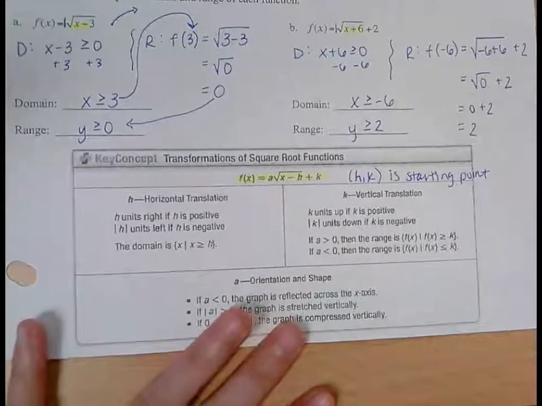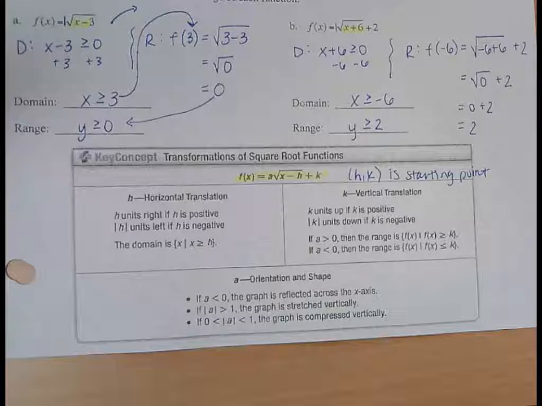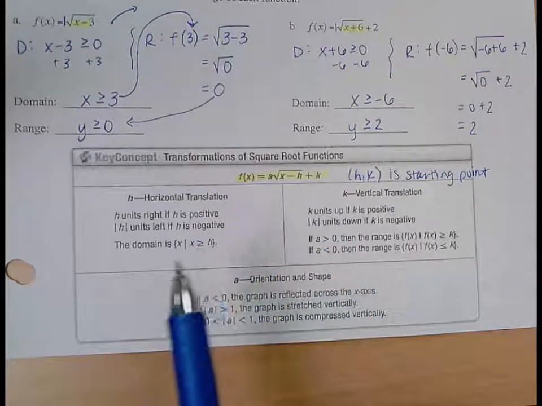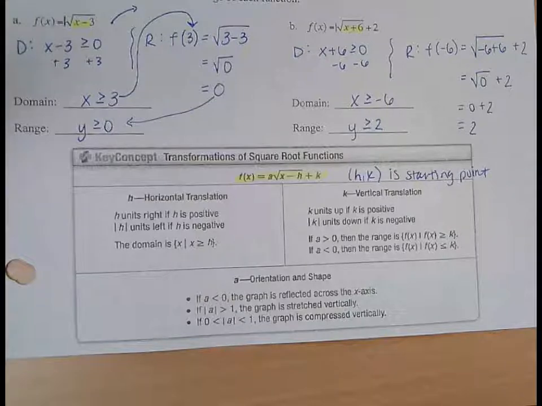So when we go through an example of graphing a square root function, you want to identify h and k first so that you know what that starting point is. And then I want to highlight a few things here about how h, k, and a can help you identify the domain and range.